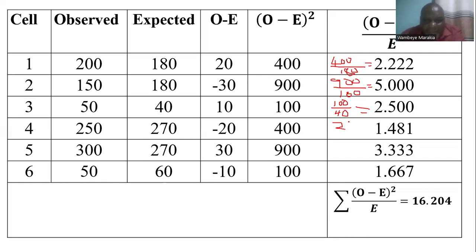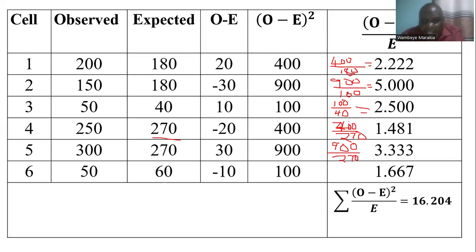Then here, 270. Observed 250, not 70. We calculated here that it's 400, all over the expected 270. You get 1.481. And this one is 900 all over the expected 270.